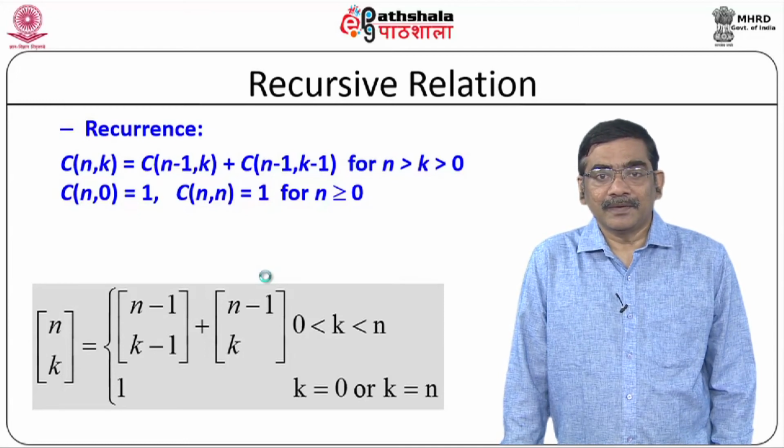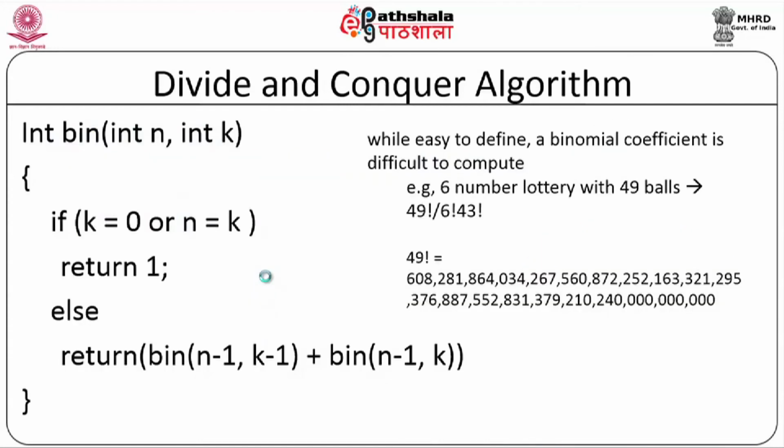In other words, we are going to use the recursive relation as shown here. This is a divide and conquer approach, where we can straight away put the recurrence equation, easy to look at, but practically it is very difficult as shown on the right hand side.